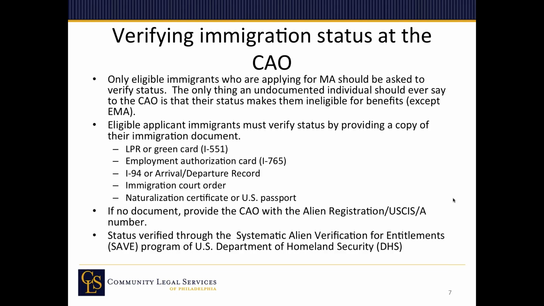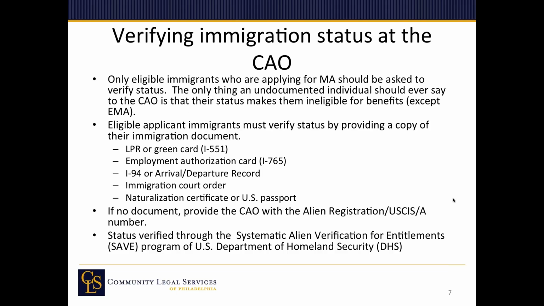The caseworkers at the County Assistance Office, if they're able to figure out what someone's status is, then get confused about what rules apply to different groups of immigrants. And those rules are sometimes difficult to understand. They're not always clearly laid out in DHS policy.